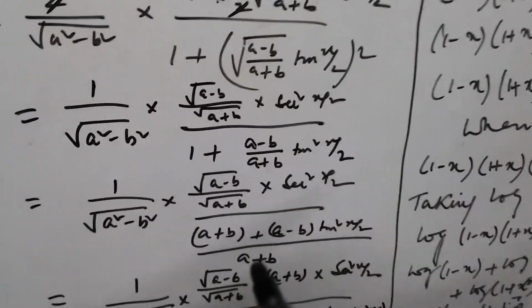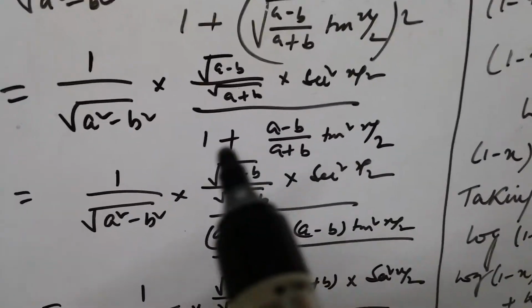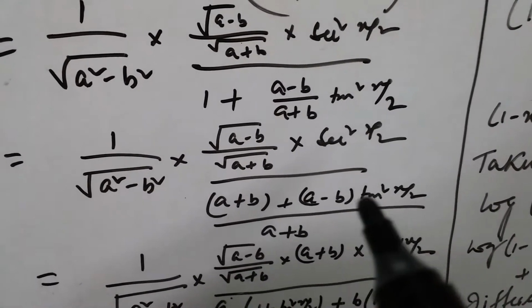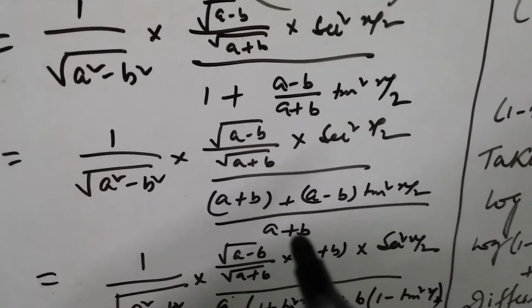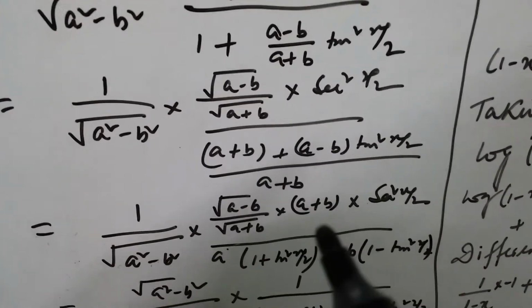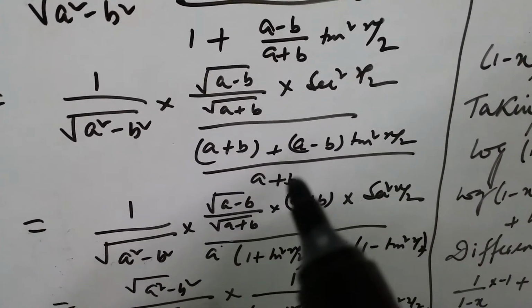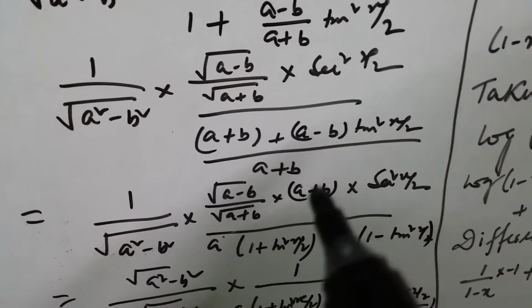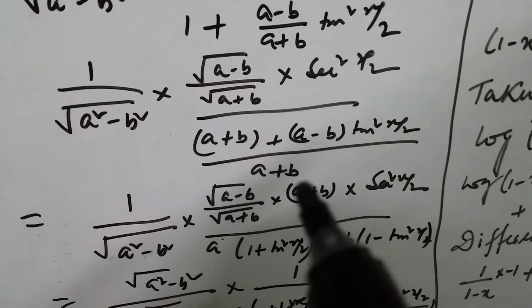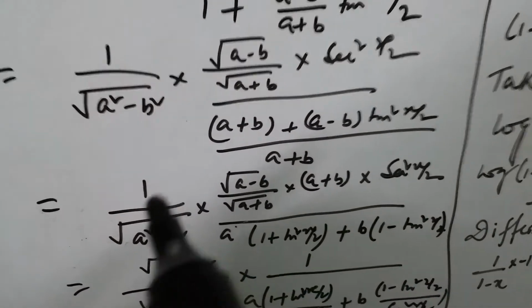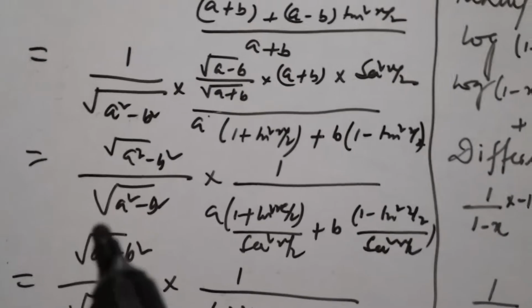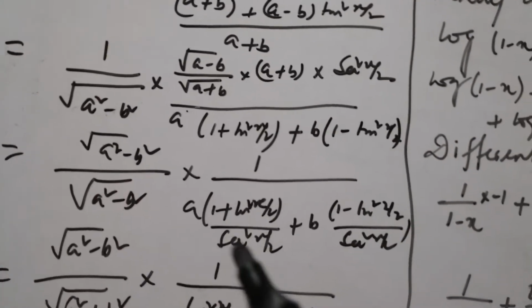Okay, then simplify, we get a plus b plus a minus b tan square x by 2, over a plus b. Then taking the numerator root a minus b by a plus b, it cuts with root a plus b, so root a minus b into root a plus b gives root a square minus b square, by the denominator root a square minus b square.